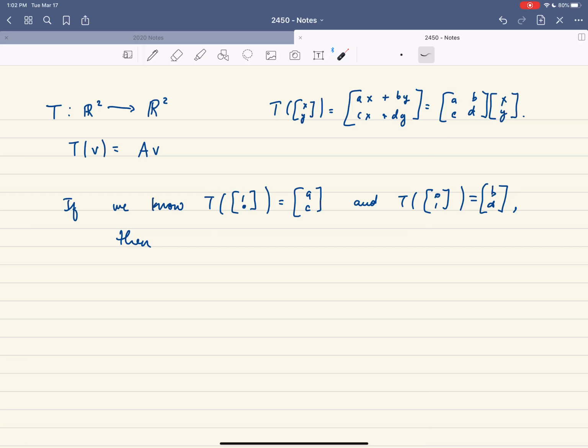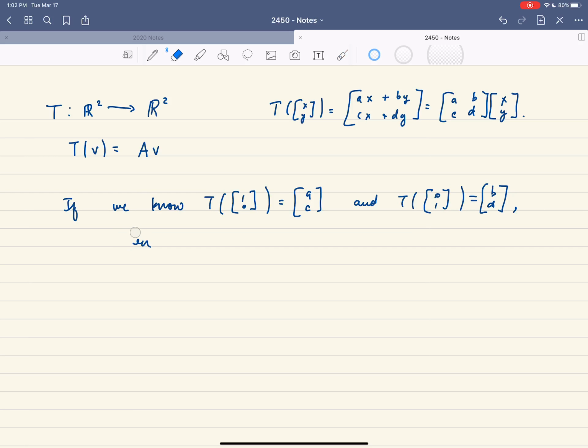If our transformation is of this form, then our basis vectors (1, 0) and (0, 1) get sent to (a, c) and (b, d). On the other hand, if our basis vectors get sent to (a, c) and (b, d) respectively, then this is our linear transformation. So it's two sides of the same coin, a dictionary to go back and forth between thinking about our linear transformation in terms of a matrix or in terms of what it does to the standard basis vectors.